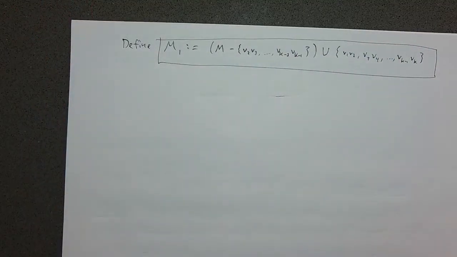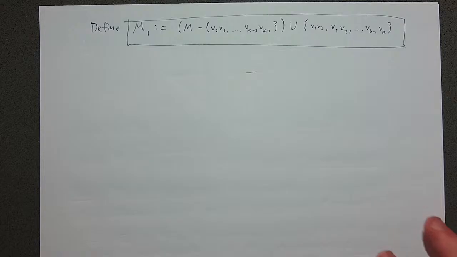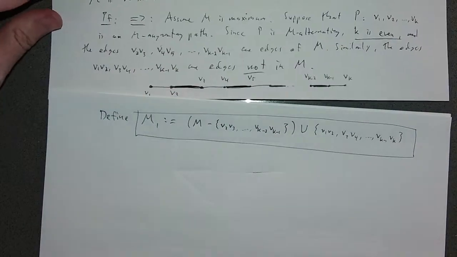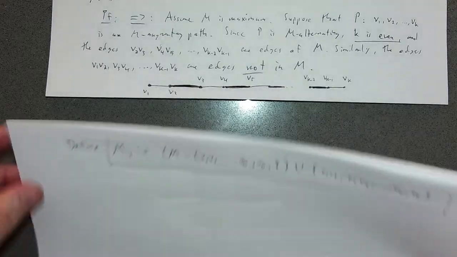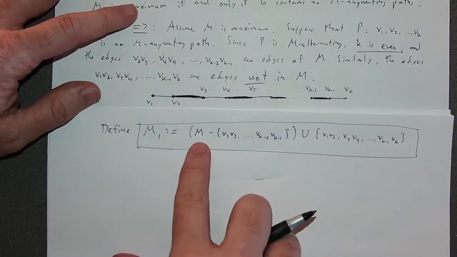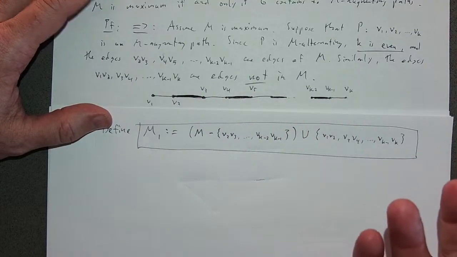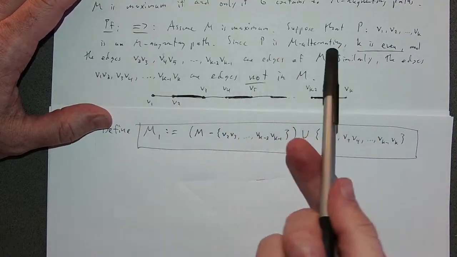Now, let's think for a second here. All right, so first of all, I took, maybe I'll put both of these on at the same time. Here, I took M. I know that these are not necessarily all of the edges in M. This is just some M alternating path.